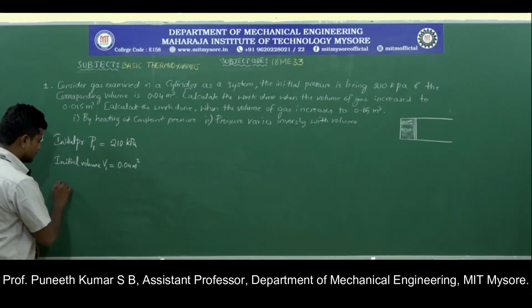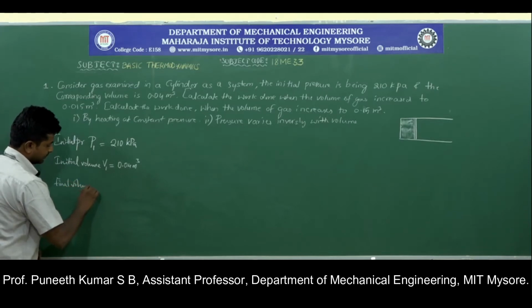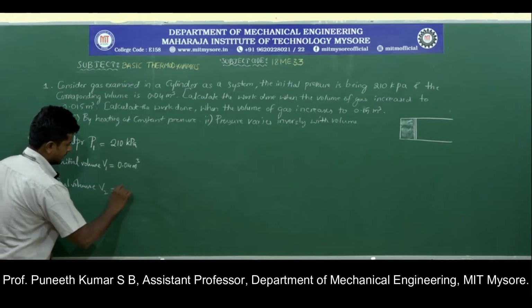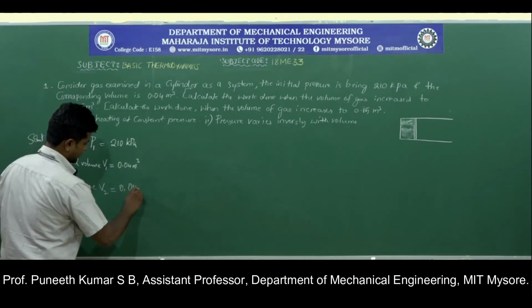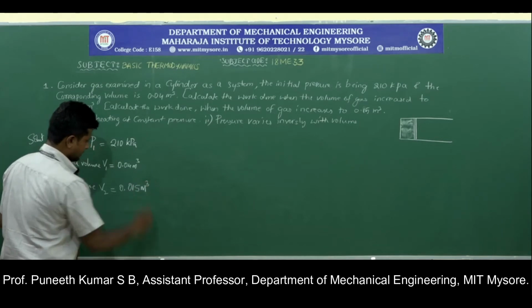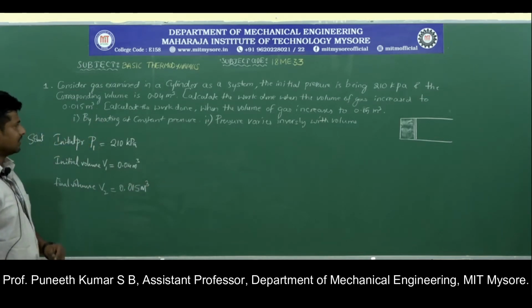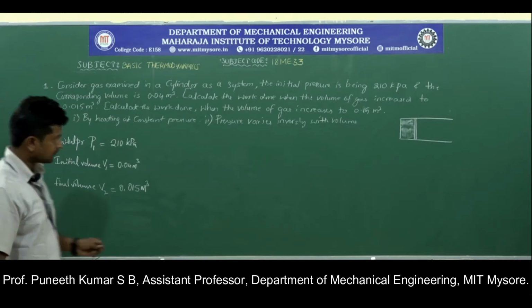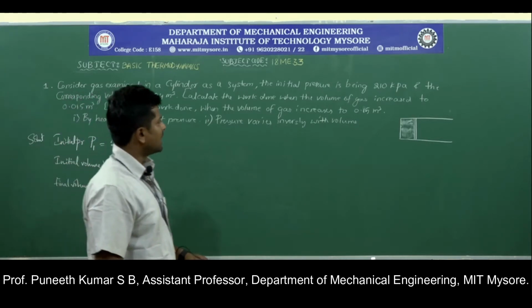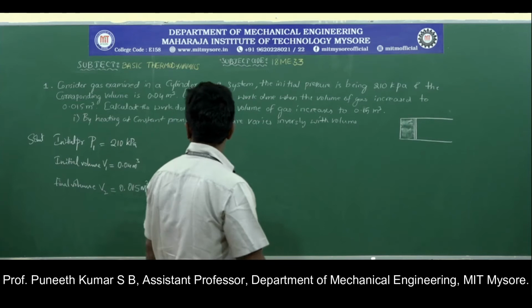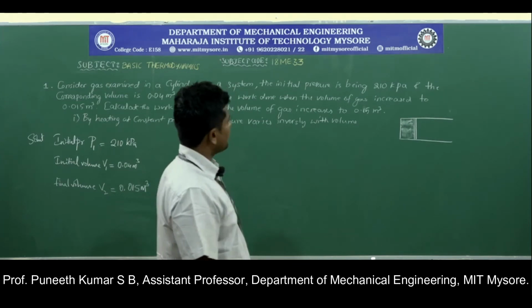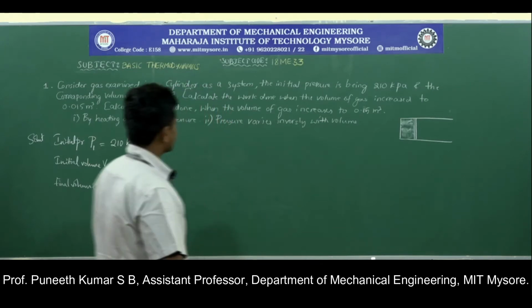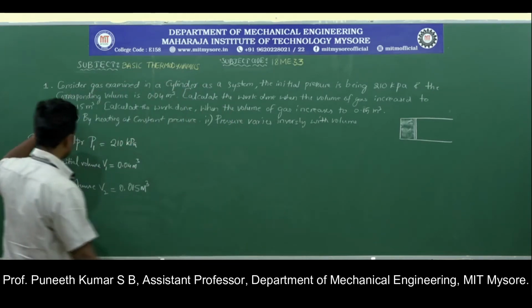So the final volume V2 is given as 0.015 meter cube. Okay, this sentence has got repeated in the problem statement.